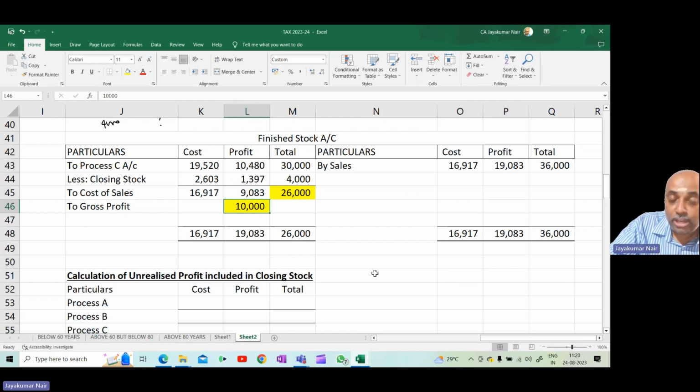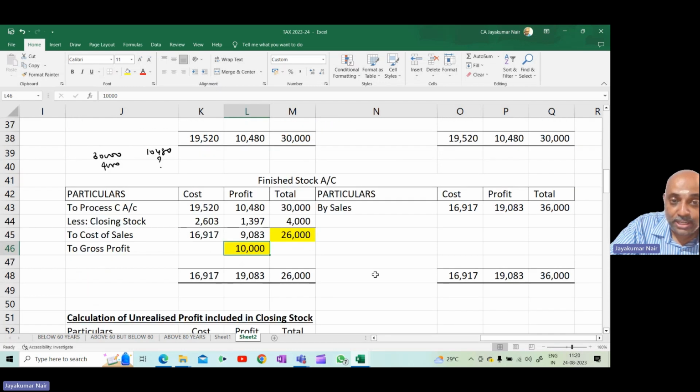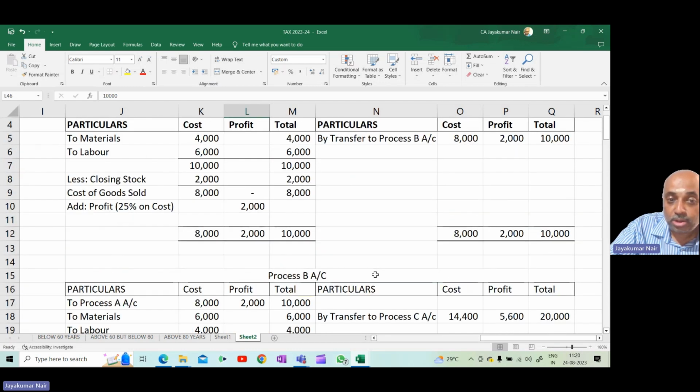Now, if you're preparing the financial statements, you need to know the unrealized profit included in the closing stock. How do you find it out? You know this is the closing stock, that is 2,000, and there's no profit here.